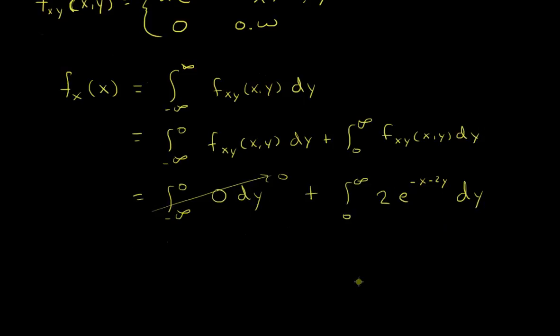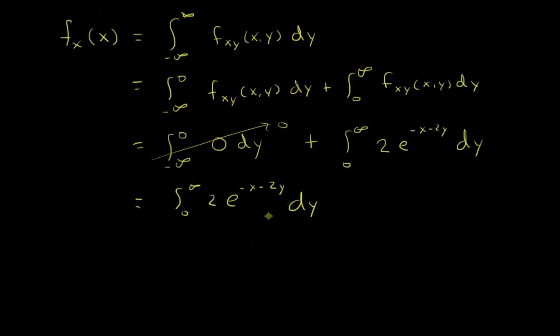So the question is now, how do we integrate this? We have this infinity up here, so we have to think about this carefully. I'm going to rewrite it here: the integral from 0 to infinity of 2e to the negative x minus 2y dy. I'm going to use u-substitution to do this integral.